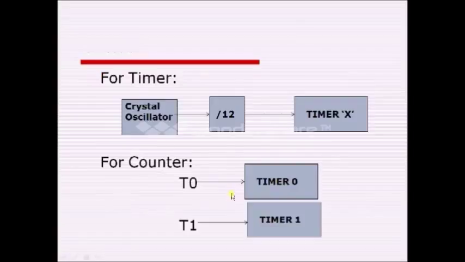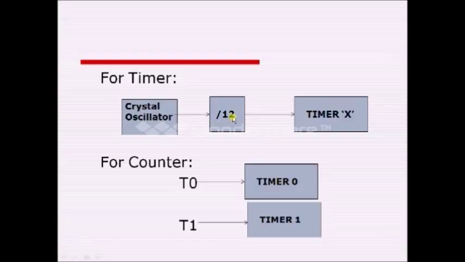See, if I'm using the timer register here, X indicates either 0 or 1, as there are totally 2 timer registers. If any timer register is used as a timer, it gets the clock signal from the crystal oscillator, that is 11.0592 MHz, and this frequency is given as input to a circuit that divides by 12.